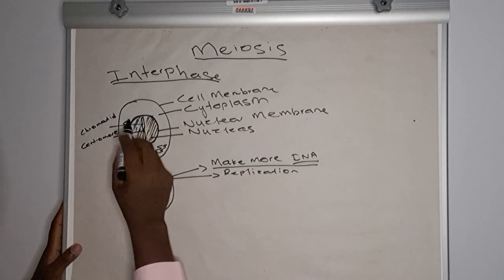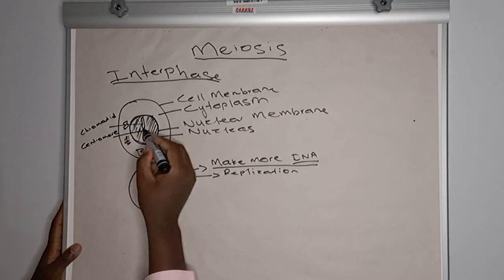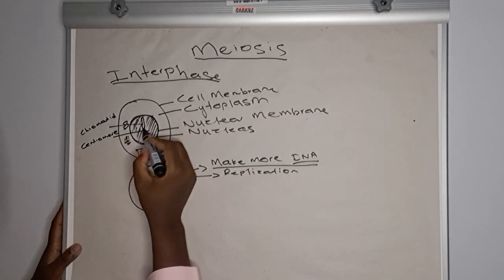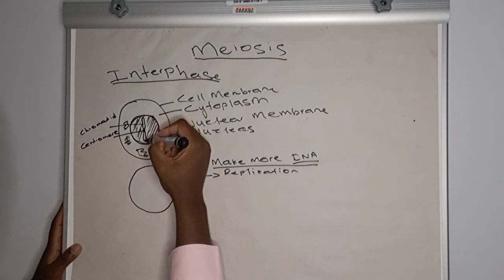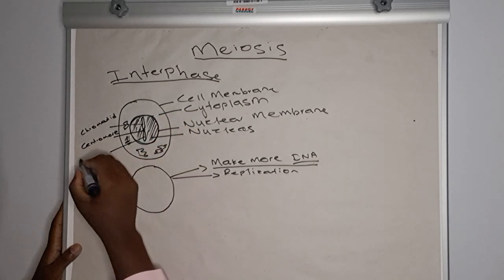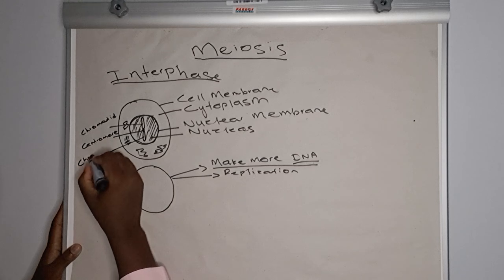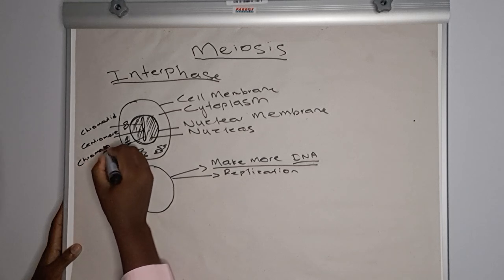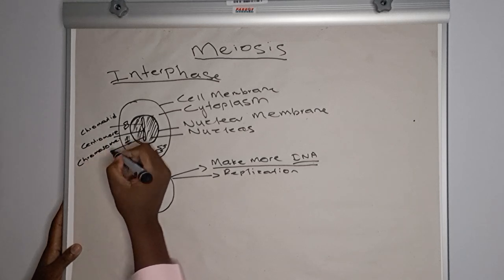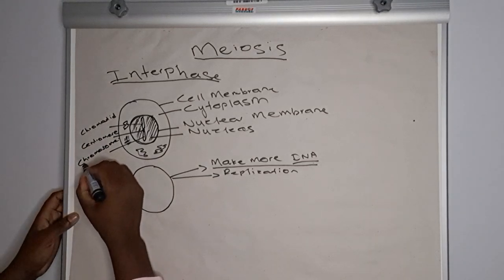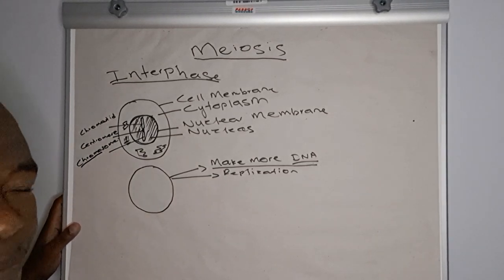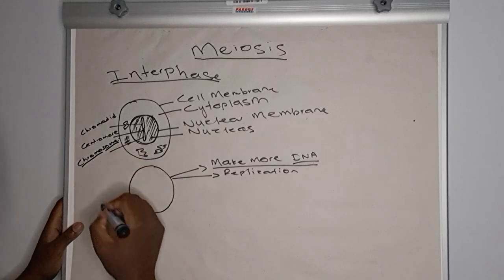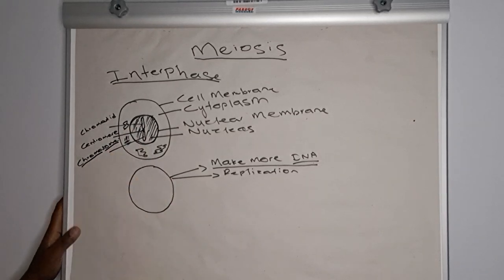These are chromatids. They are joined by what we call a centromere. And then when they are together, we call it a chromosome. The word chromo means color. The word some means body. These are colored bodies. You will see that in a minute.